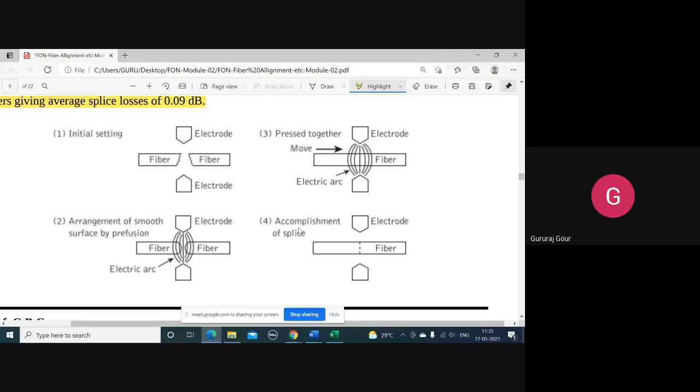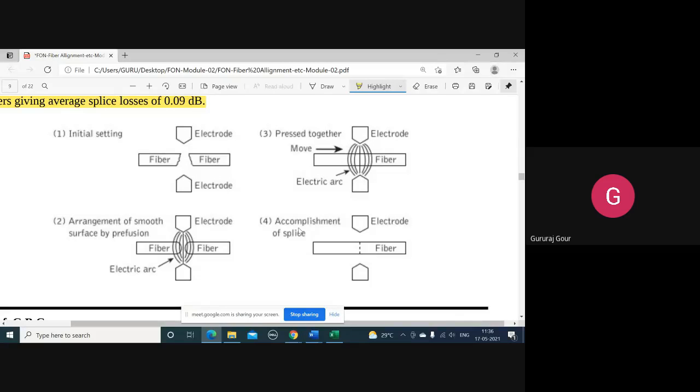The same thing happens with railway track joints. If they are going to join, they will maintain some distance, heat it up, fill the gap with something, and heat it up to make the two ends join.